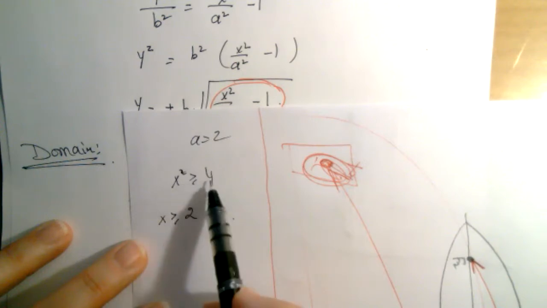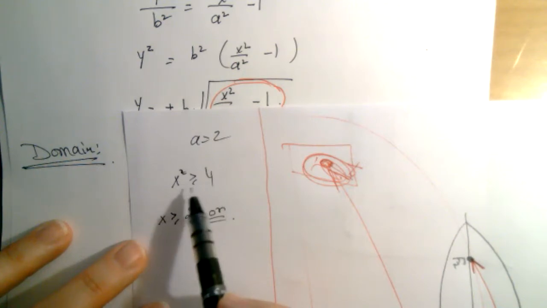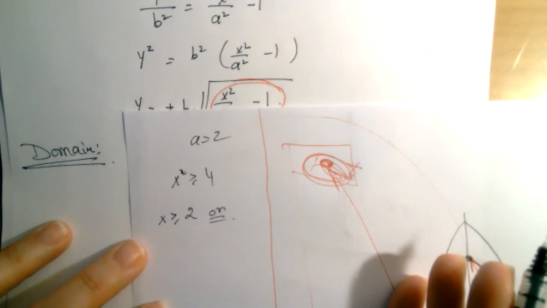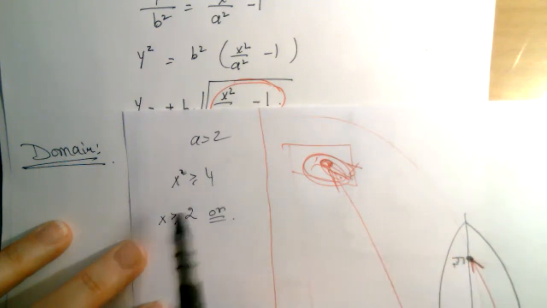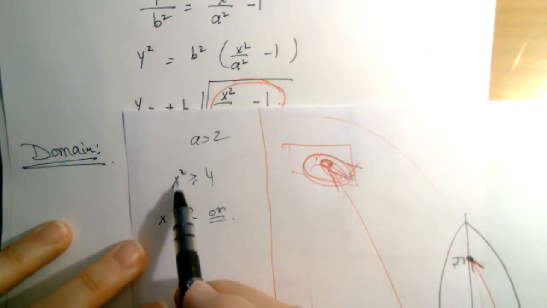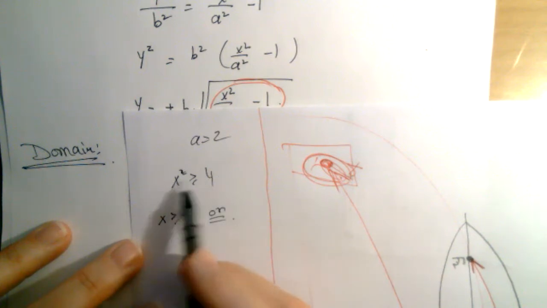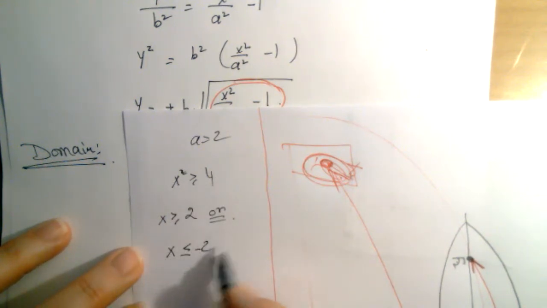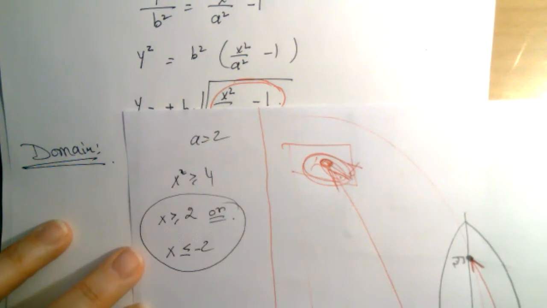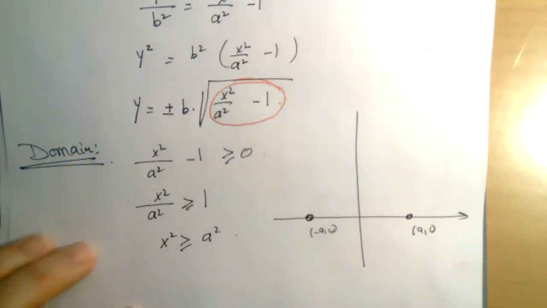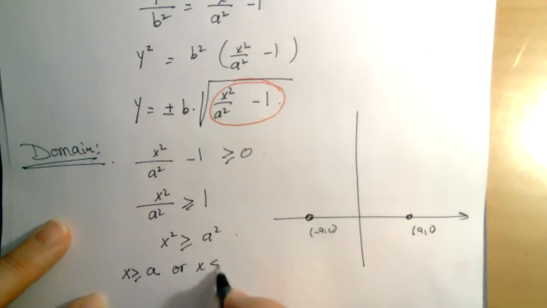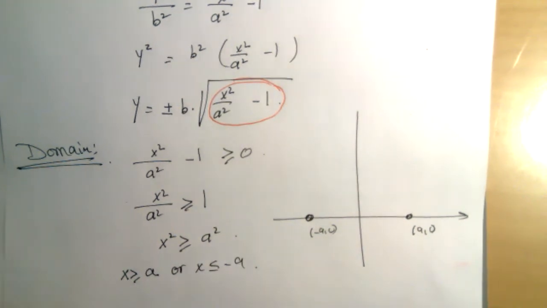So x squared bigger than 4, that's an example. Suppose I take, can x take the value, I don't know, -3? If I plug in -3 here, I get 9, which is bigger than 4. So if x squared is bigger than 4, it means x is bigger than 2, or less than -2. So the domain here: if x squared is bigger than a squared, it means x is larger than a, or x has to be less than -a.